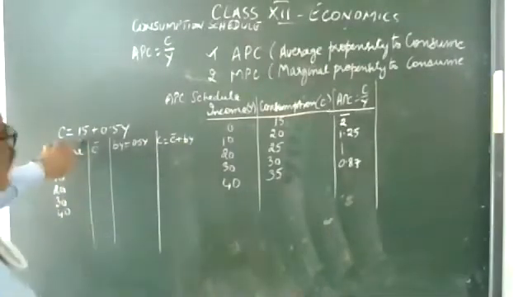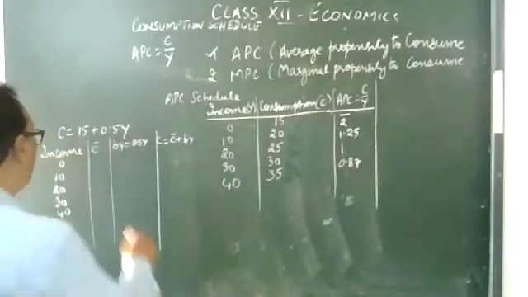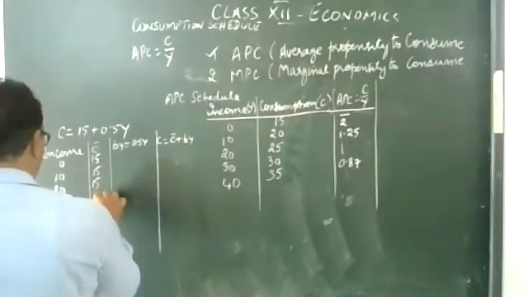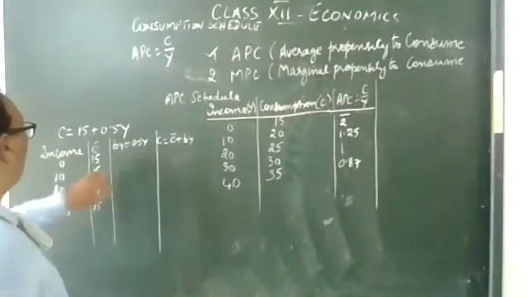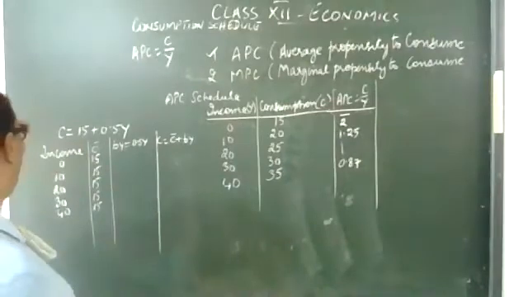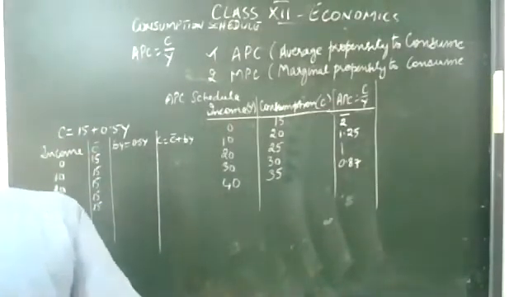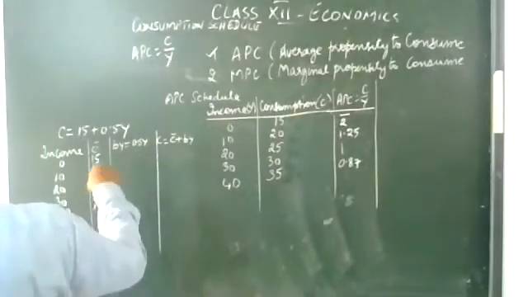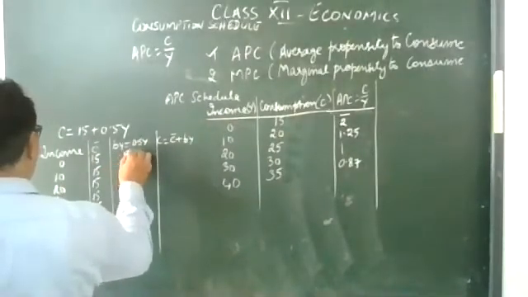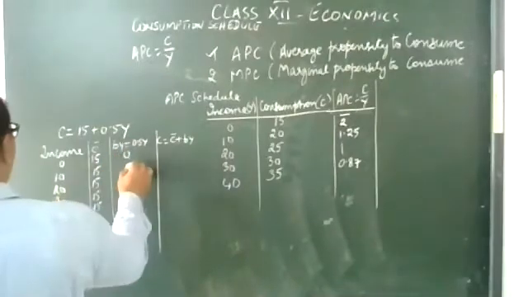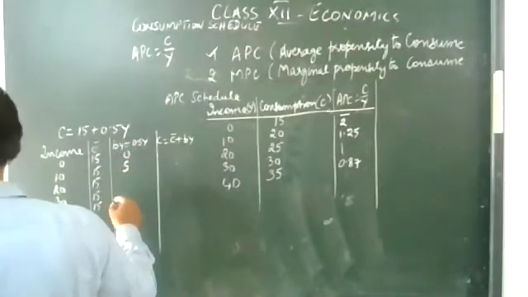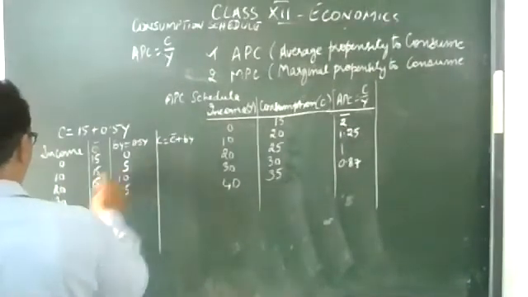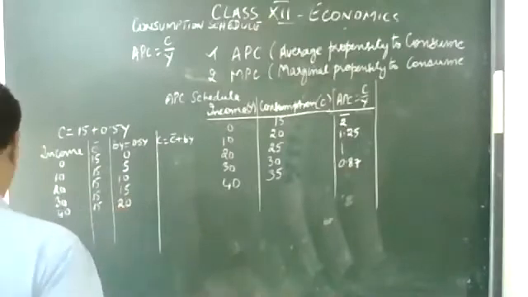Autonomous consumption as per the function given here is 15. 15 is the autonomous consumption. bY is 0.5 of Y, that is 0.5 into 0, 0. 0.5 into 10, 5. 0.5 into 20, 10. 0.5 into 30, 15. 0.5 into 40, 20.